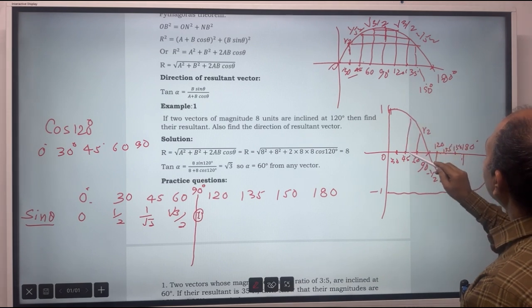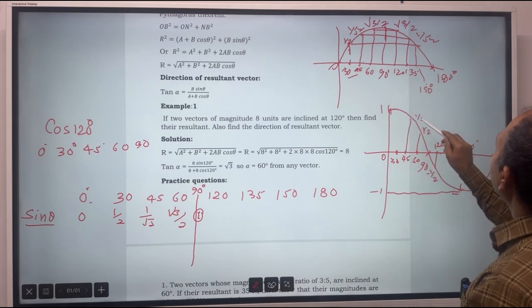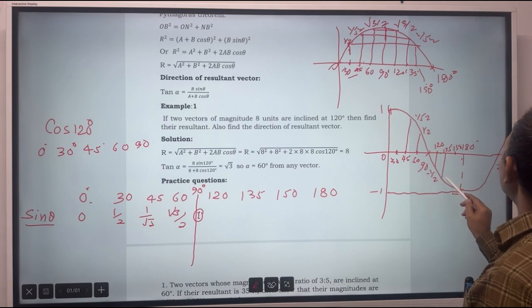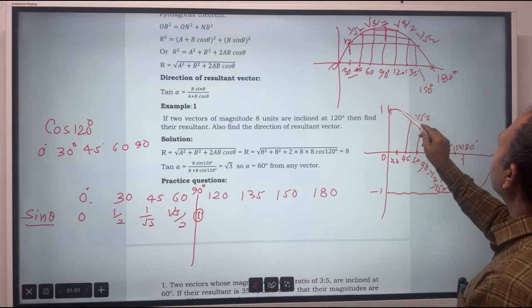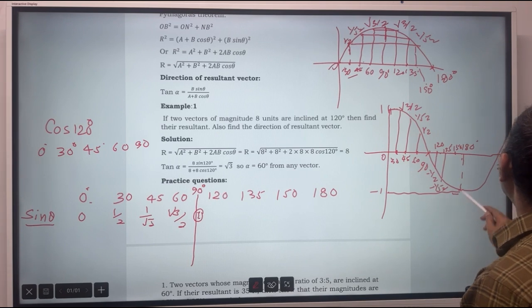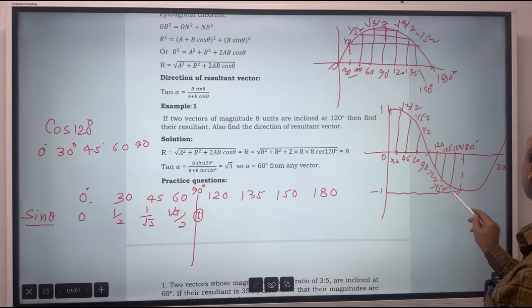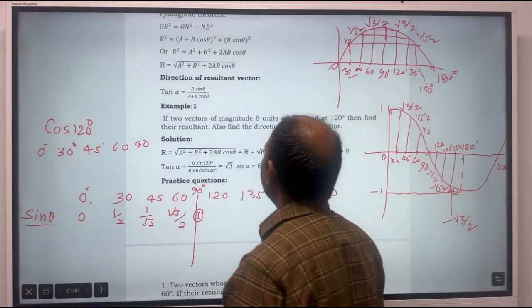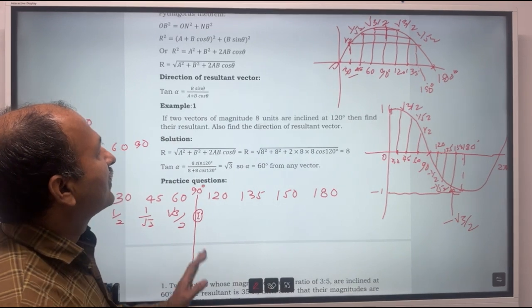Here cos 45 is 1 by root 2, so here 135 corresponds to the same value, so this will be -1 upon root 2. Similarly, cos 30 degrees is root 3 by 2, so here 150 degrees will be -root 3 by 2. This is how we can get the different values of sin theta, cos theta, etc.